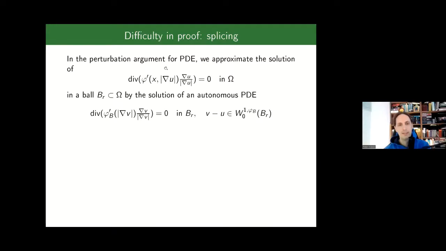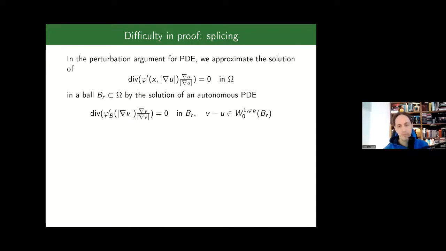We study a minimizer or solution of this kind of problem, but then we compare it to a solution of a different problem where this other phi b does not depend on x. So this is an autonomous approximating problem. But the question for us was, how should this phi b be chosen in order to have the appropriate approximating properties?